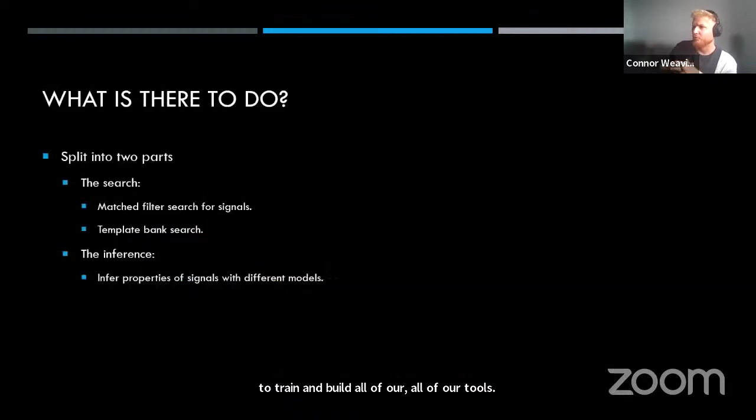So what constitutes a pipeline? What is the purpose of the different sections of these pipelines? They're normally split into two parts. First, the search part of a pipeline, which is basically where are the signals within the data.